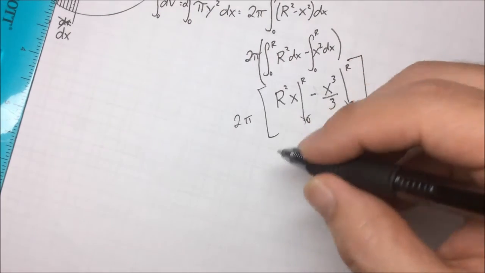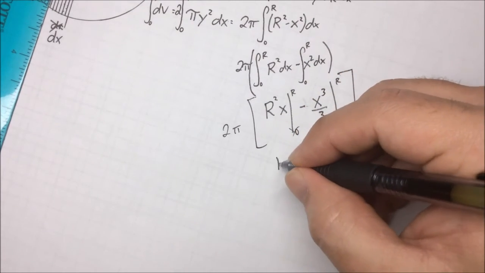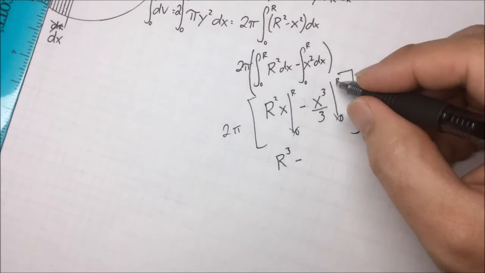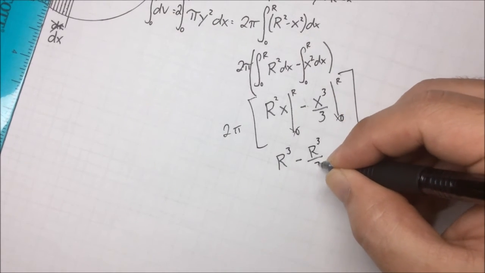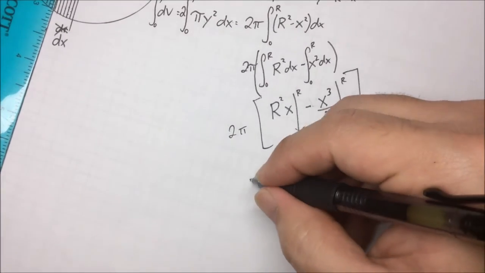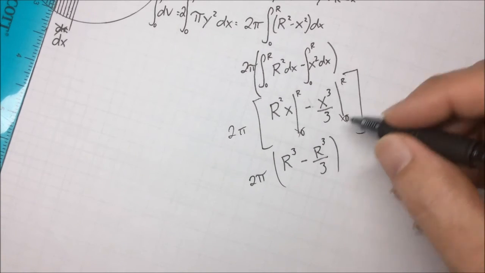So r plugged in here, I get r squared times r, which is going to give me r cubed, minus, I'm going to plug in the r there, r cubed, but we have a 3 on the bottom. And again, don't forget about the 2 pi on the outside. What is r cubed minus a third r cubed?